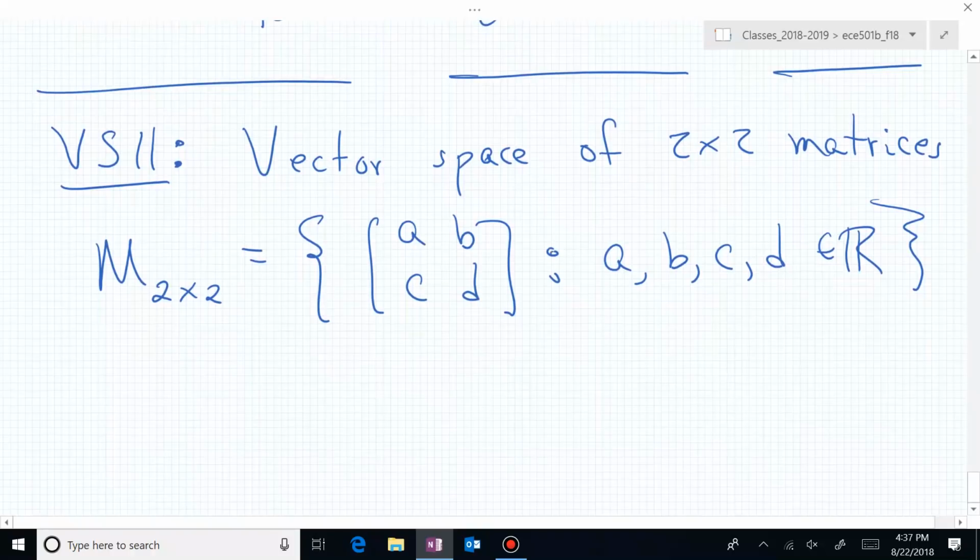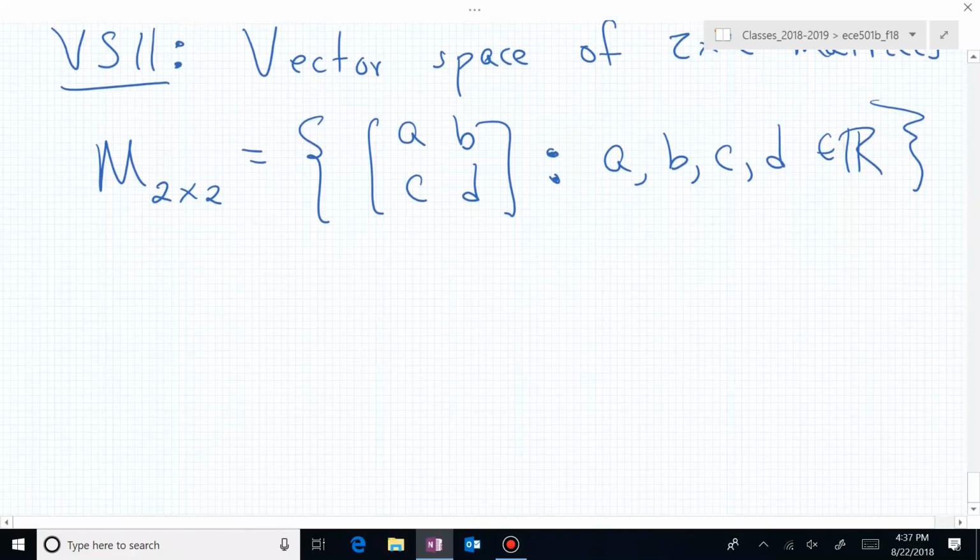And now do you have a way of thinking about this similarly to what we just did for our second order polynomial? If we're talking 2 by 2 matrices, you could also say, well, that's like a 4 vector. Just give me A, B, C, D stacked as a vector. And I can think about it in that sense if I wanted to.